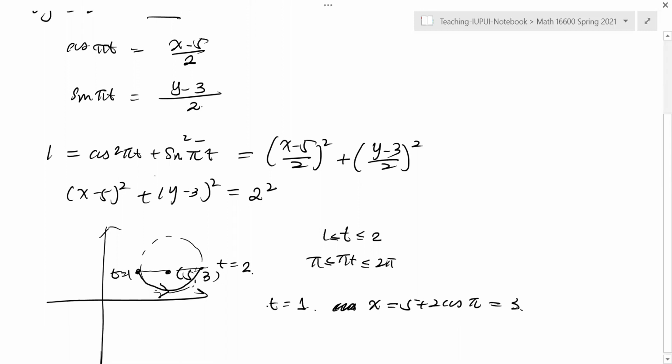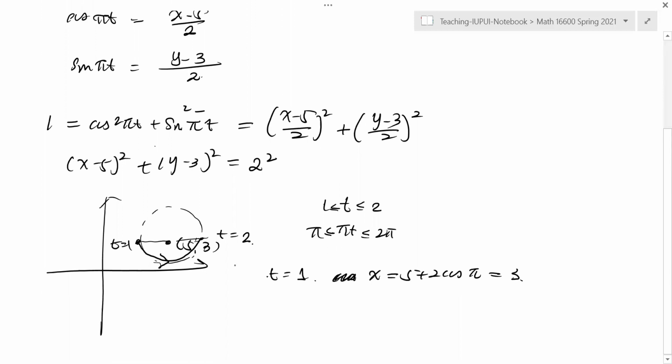And y equals 3 plus 2 sine pi, which is just equal to 3. So that's 3 and 3, the starting point.